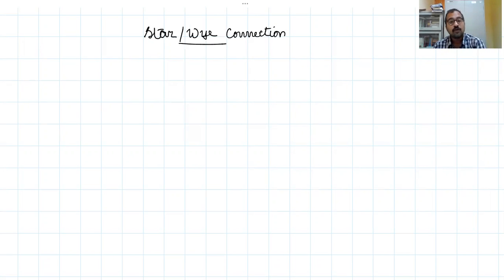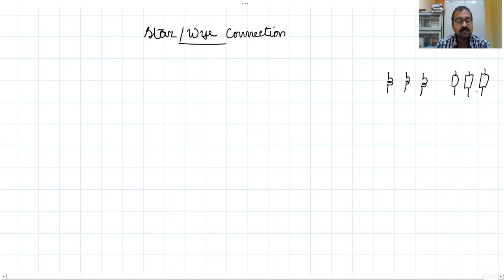We know that if you have three coils or three impedances, they can be connected in two patterns. They can be joined together in two ways. If I mark the coil ends as A dash, B dash, and C dash, I can join these three endpoints to get what is called a star configuration.